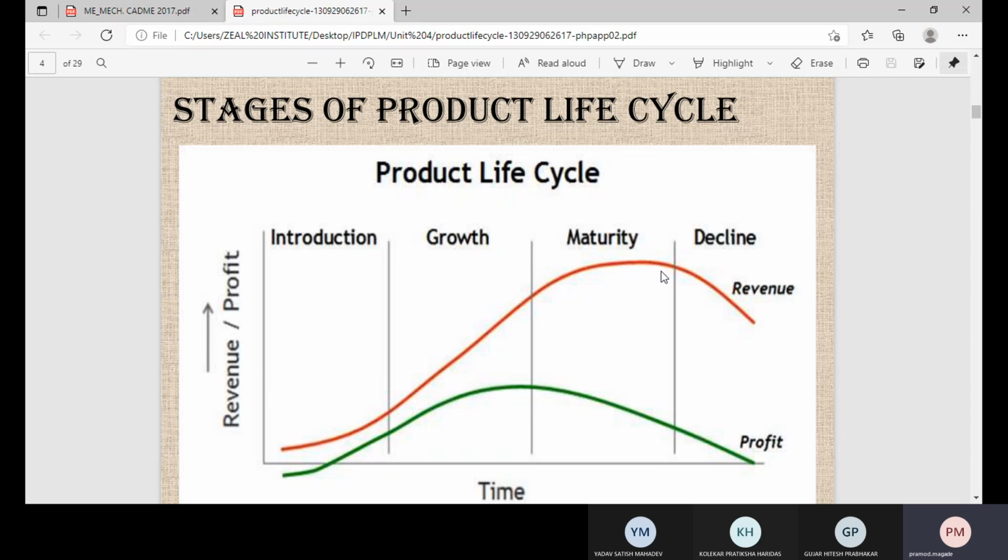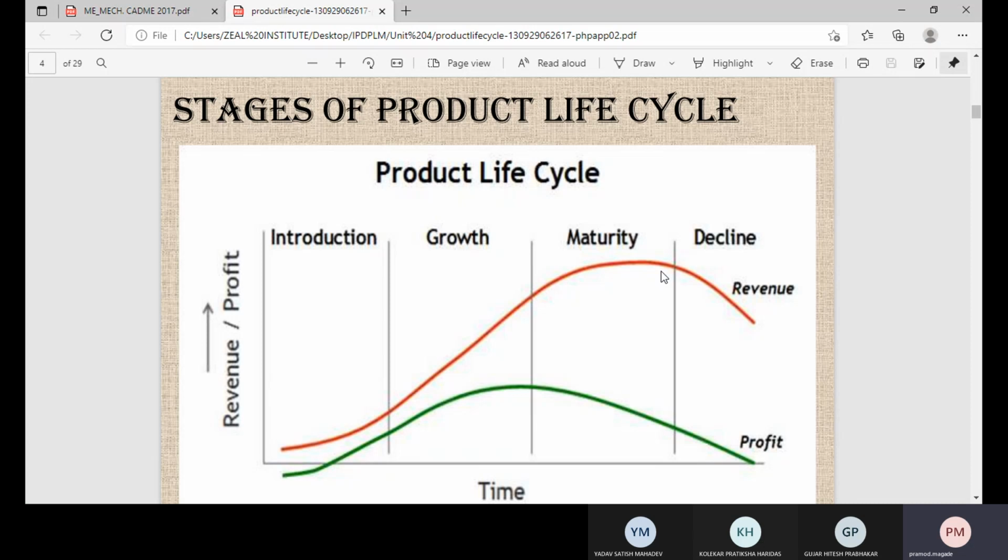Clear? So in the introduction phase the price gets raised, and if the features are very good, then it is raised again. And if there is maximum mass quantity demand from the customers at the maturity level, it can be raised highly. And then a stage will come where we cannot reduce the price, but the sales of that particular product can reduce. That we call the revenue line.